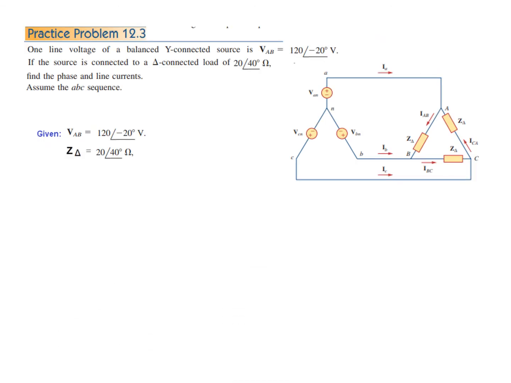Okay, now let's solve the practice problem. Similar but slightly interesting. One line voltage of a balanced Y source is VAB 120. So keep in mind this is capital AB, not this one, not this one. Capital AB is saying, so we'll just go into this, that the voltage across is 120 at minus 20.